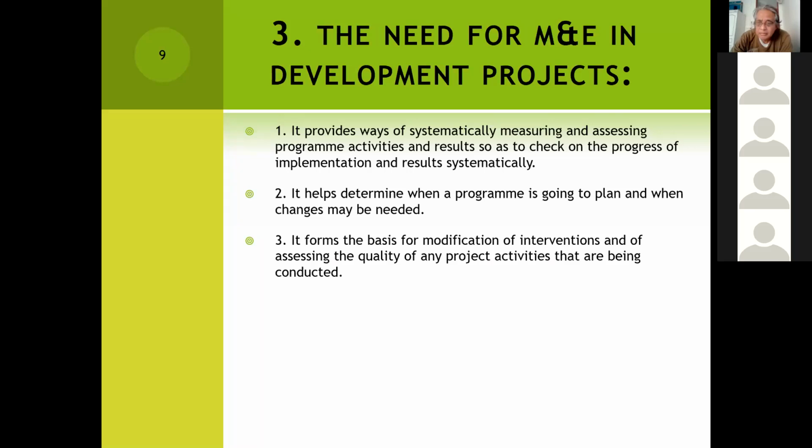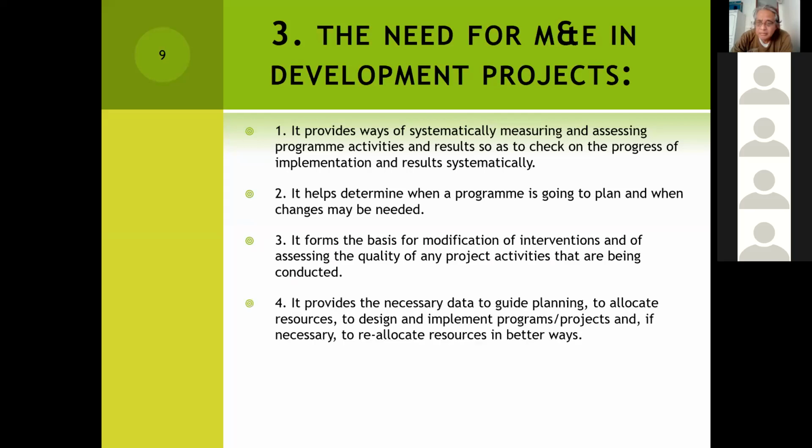And it also becomes a basis for modification of interventions and for assessing the quality of the project activities being conducted. That's why we need to have M&E in place, so that if there's a possibility for modifying some of the interventions we have, we can do that modification.